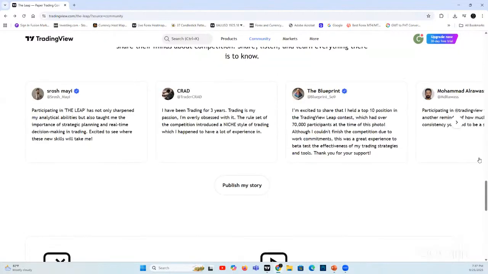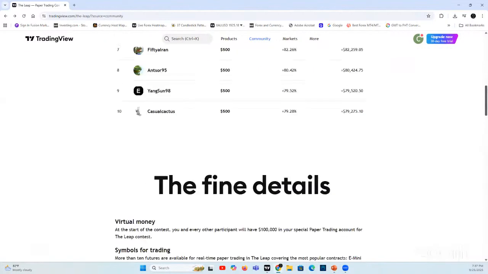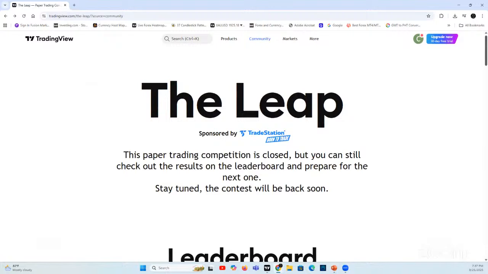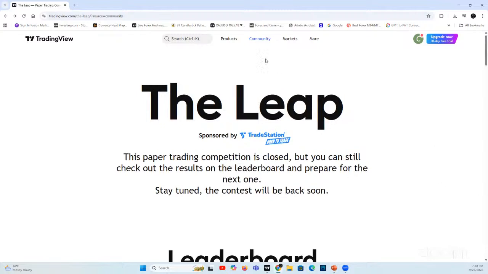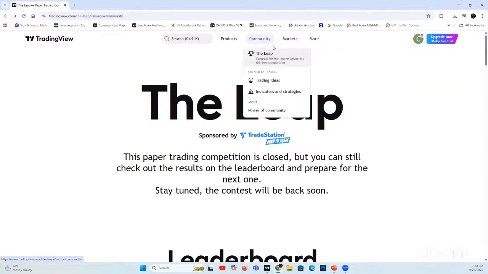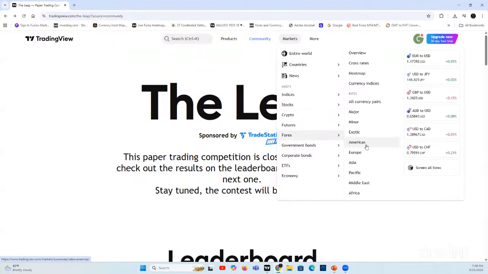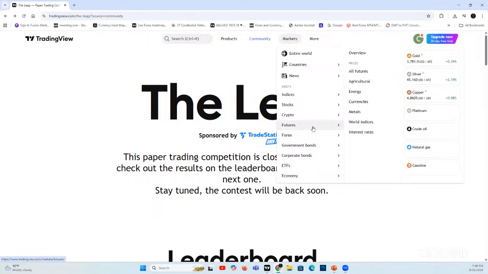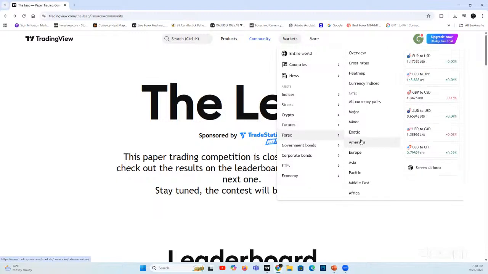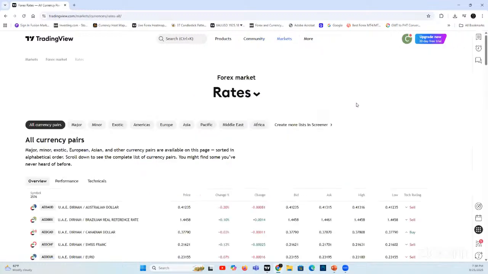We are not exploring, we're just opening our chart, but there is this website of TradingView. If you go to markets, let's try to find that now, or all the currency pairs, anything maybe.